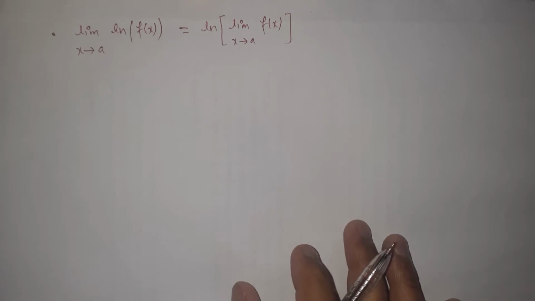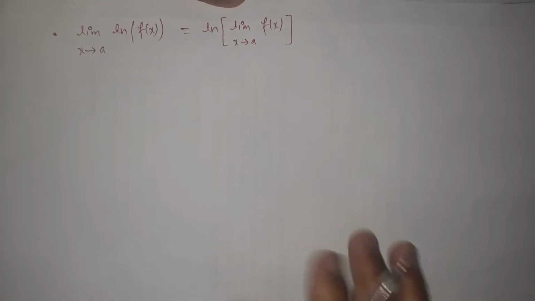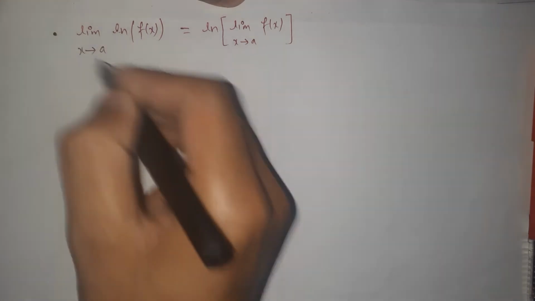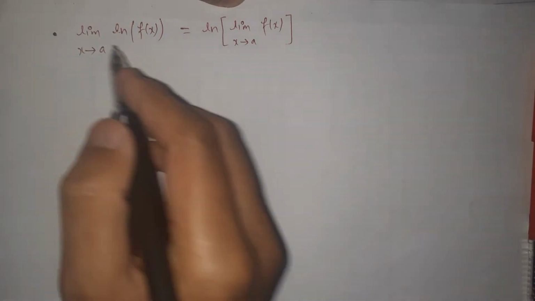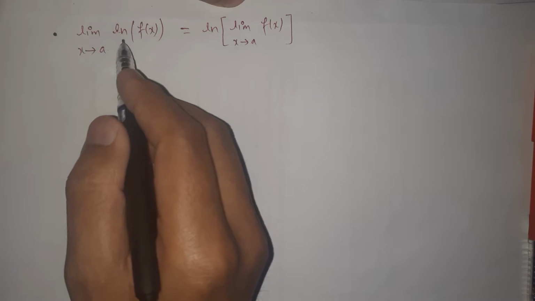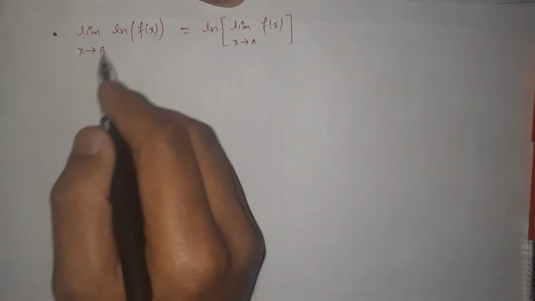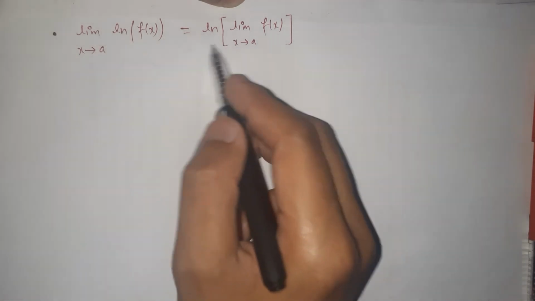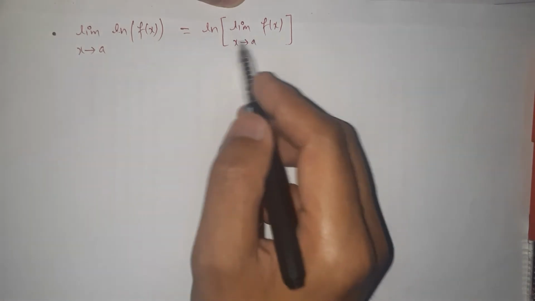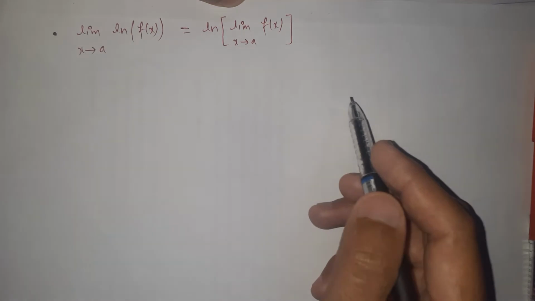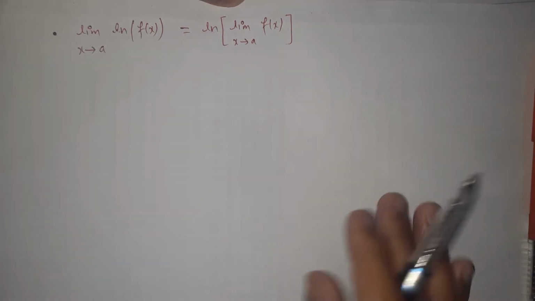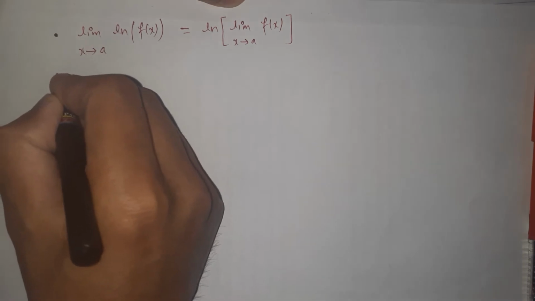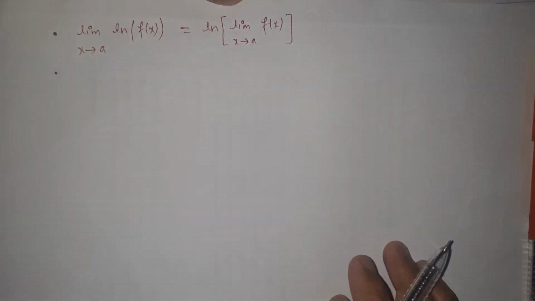The limit of ln of f of x when x approaches a is the same as ln of the limit of that function when x approaches the same number. This is a very important property in the calculation of limits.